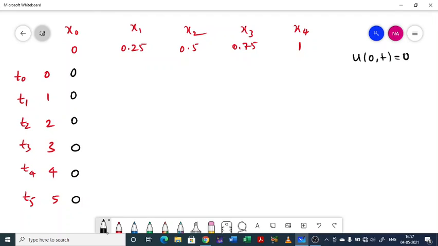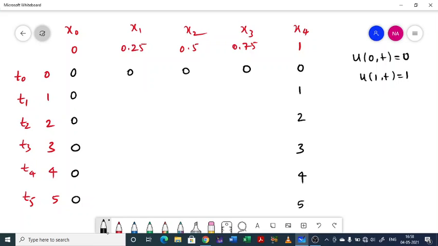And u of 1 comma t equal to t, so that is the last column, giving 0, 1, 2, 3, 4, 5. See here the last column is not a 0 column, so you got other values. And u of x comma 0 equal to 0, so for any value of x this will be 0. So the first row and first column are 0, but the last column is non-zero.